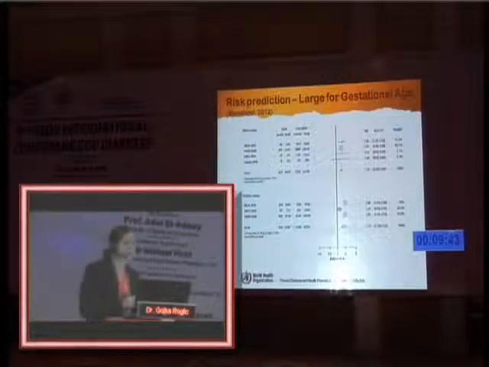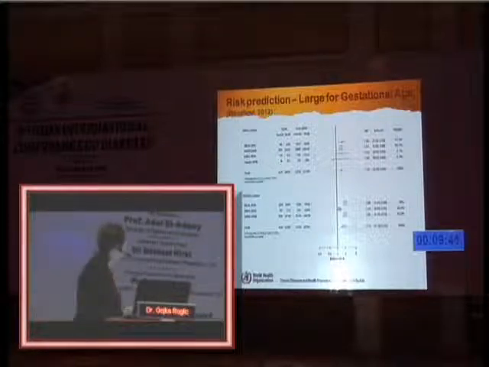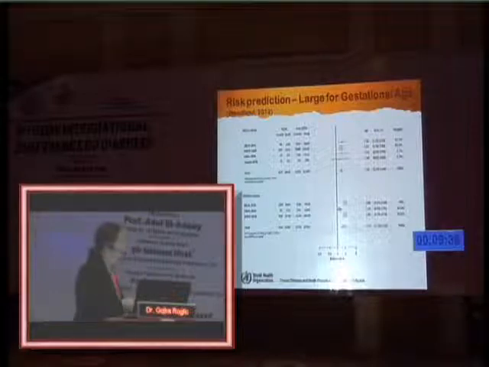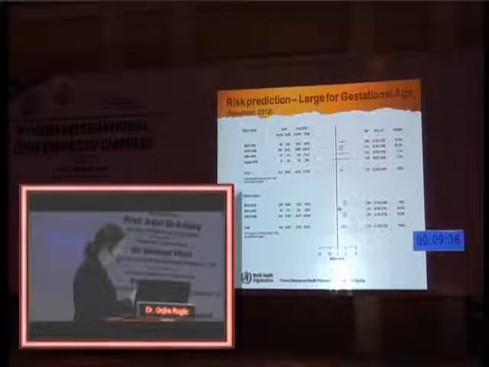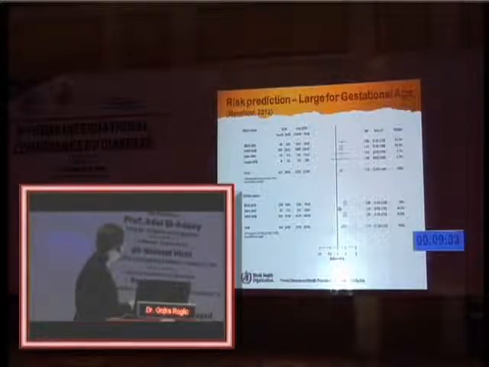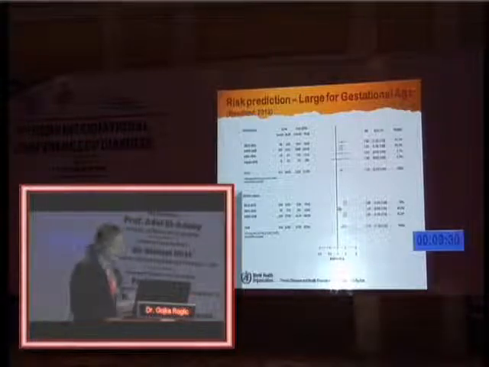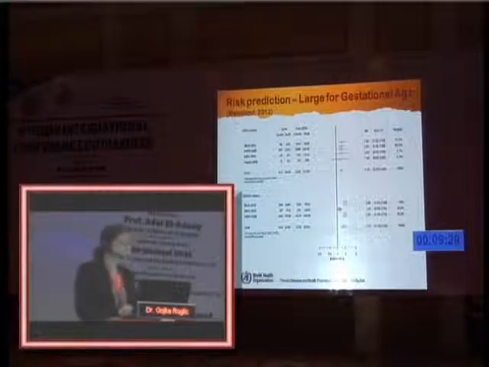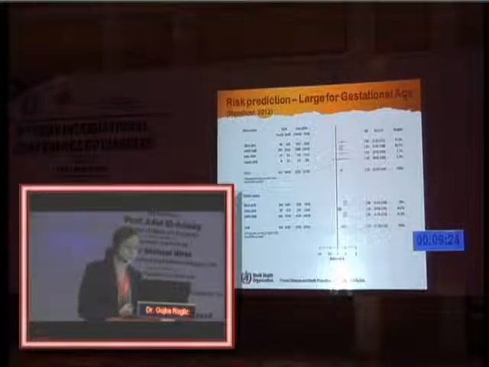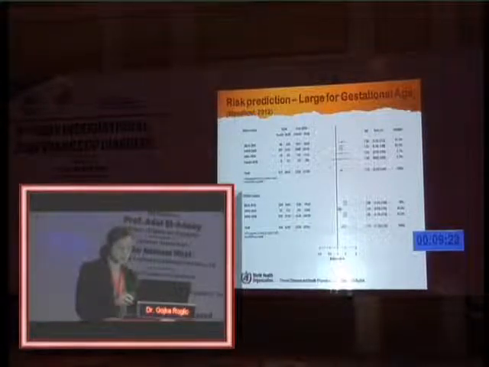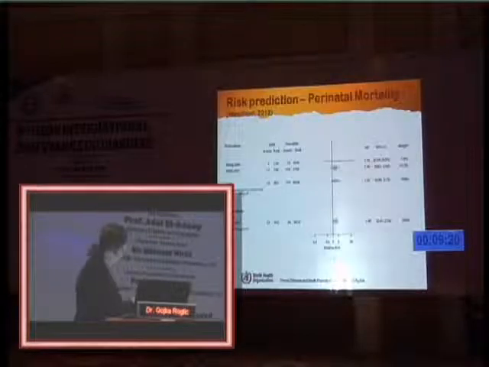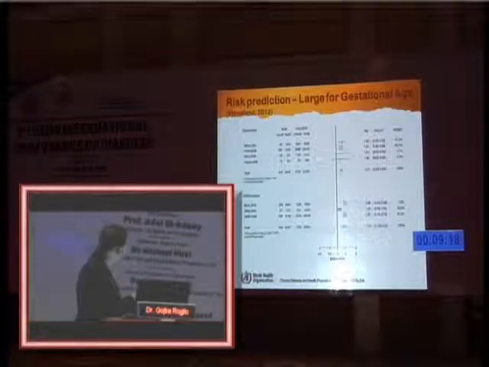So what was the risk prediction? What was the relationship between blood glucose levels and large for gestational age babies? And the systematic review showed several studies from which this could be deduced, and it is both in IADPSG criteria and WHO criteria.